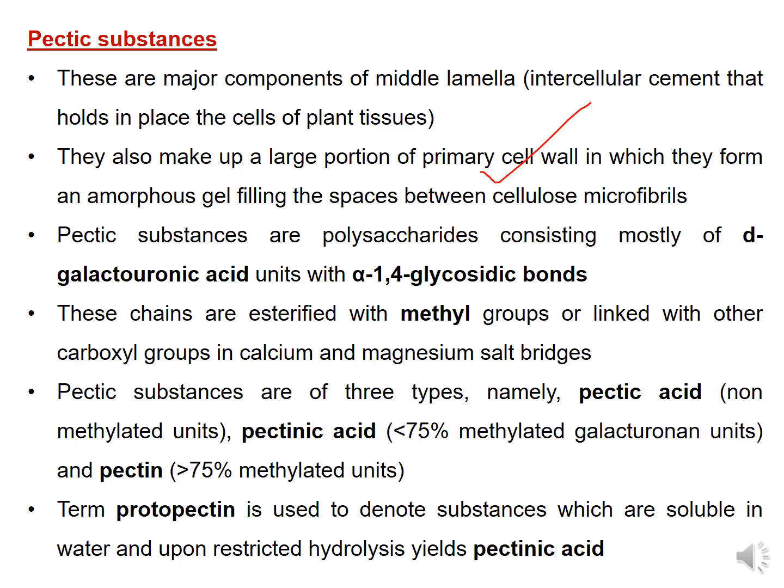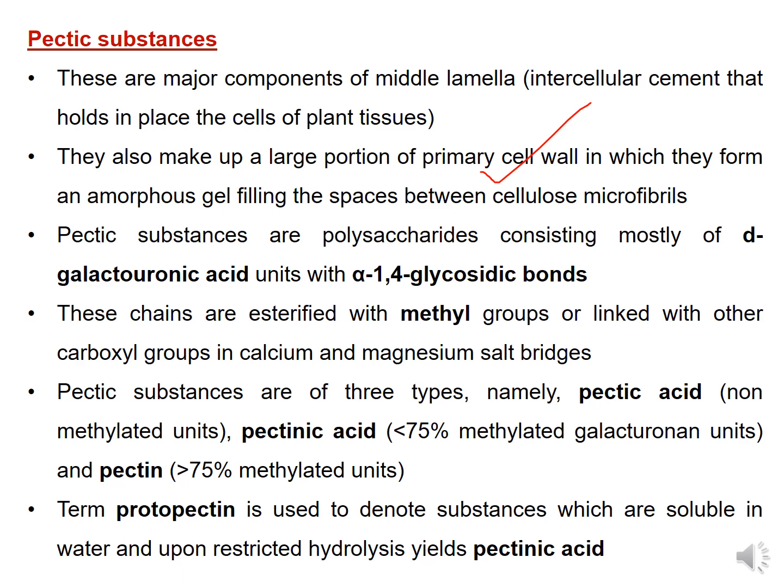And coming to the chemical composition, what exactly is pectin? Pectin is a polysaccharide consisting mostly of D-galacturonic acid units with alpha 1,4 glycosidic bonds. So the pectic substances are nothing but polysaccharides with D-galacturonic acid and alpha 1,4 glycosidic bonds.